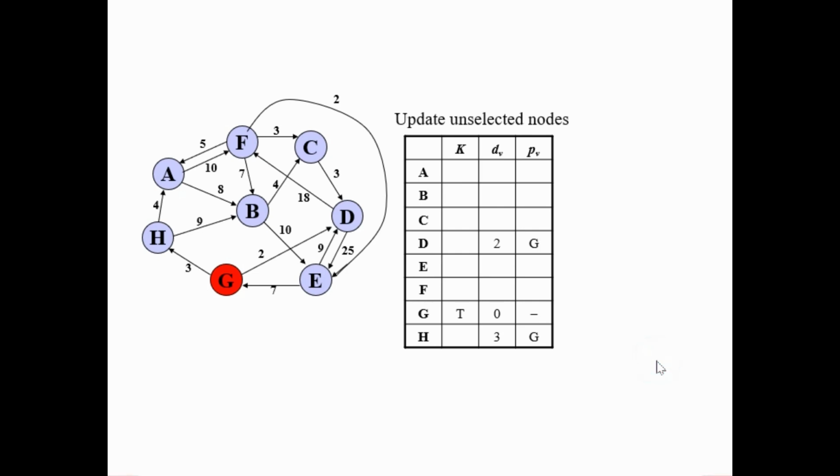So when we visit D, then this column of D will be filled, representing that D has been visited. Now where can we go from D? We can go to either F or E. These are the two nodes that we can go to.